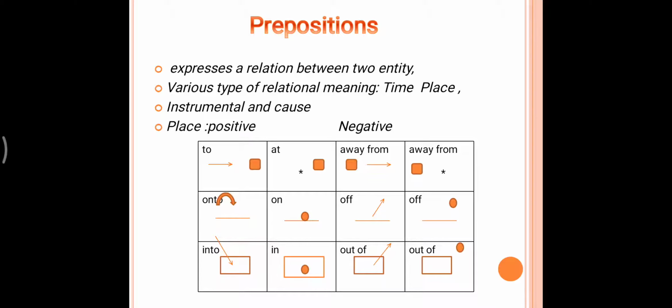In general, prepositions may be called simple prepositions and complex prepositions. Simple prepositions are simple words, just like a simple sentence means one clause. Complex prepositions are like a complex sentence, where two clauses are used.